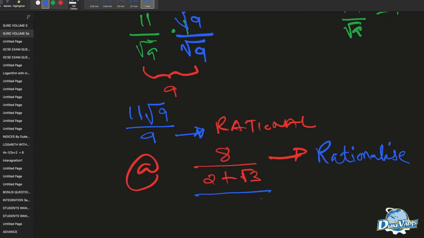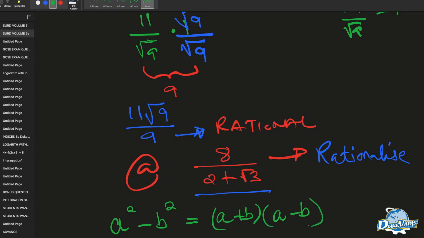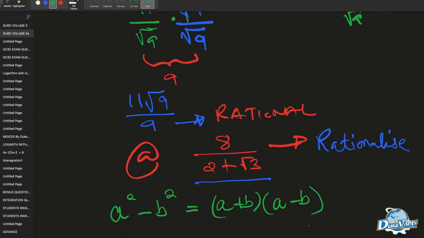Yesterday I was trying to explain something we call the method of two squares. If I have a squared minus b squared, it's always given as a plus b into bracket a minus b. So a plus b and a minus b.